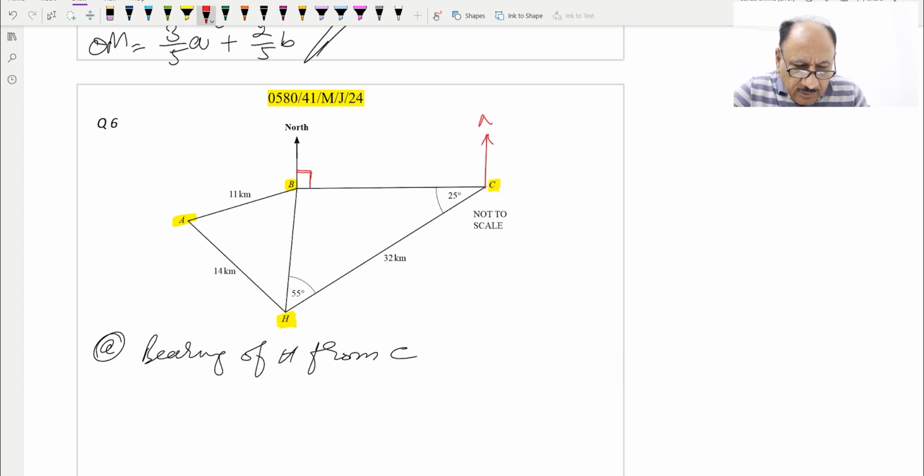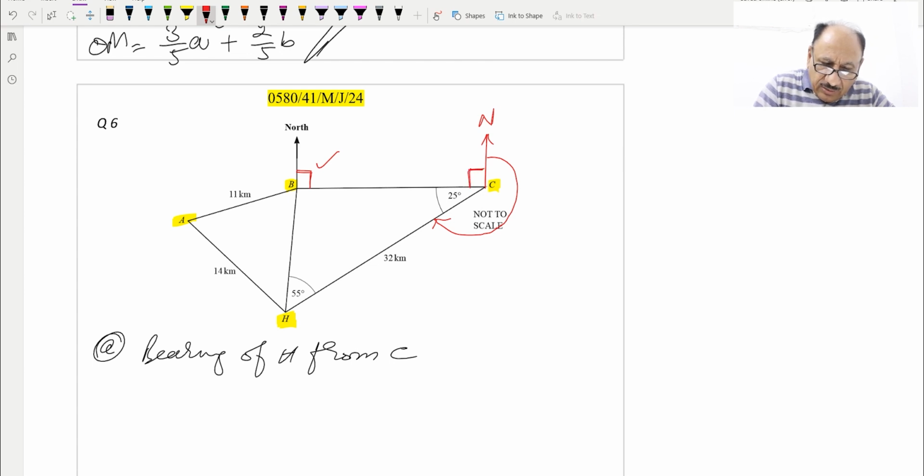This is roughly north. So angle required is which one? Angle required is from here till this one. So we know this side is 90, so this will also be 90.